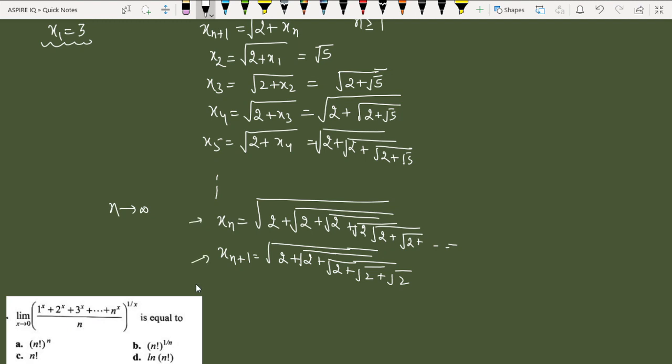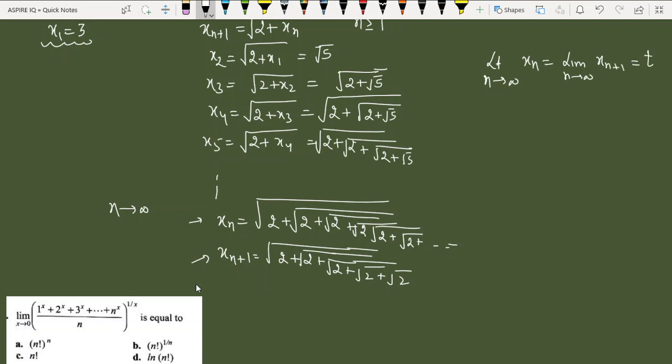So we consider that if n tends to infinity, xn is equal to t and x(n+1) is also equal to t.